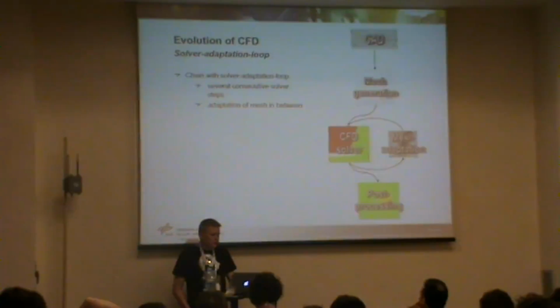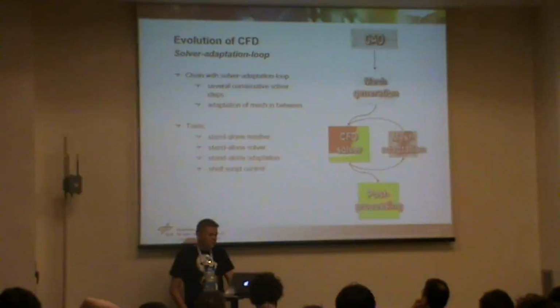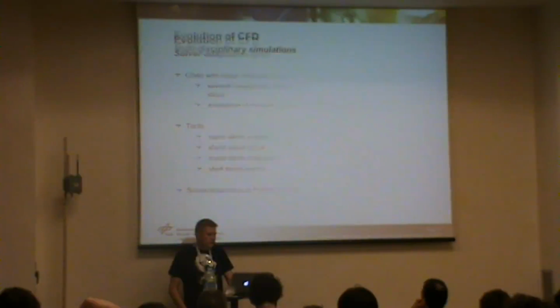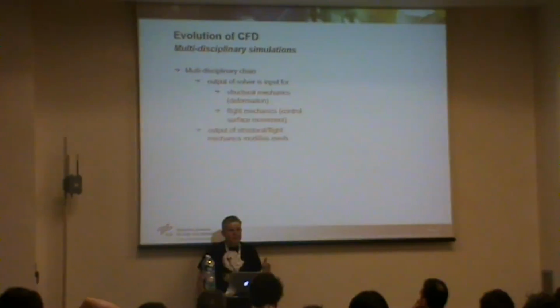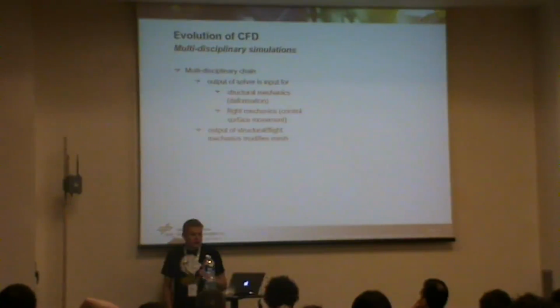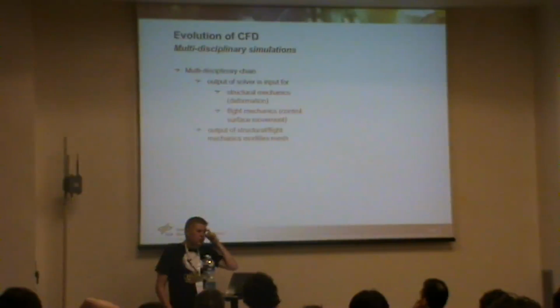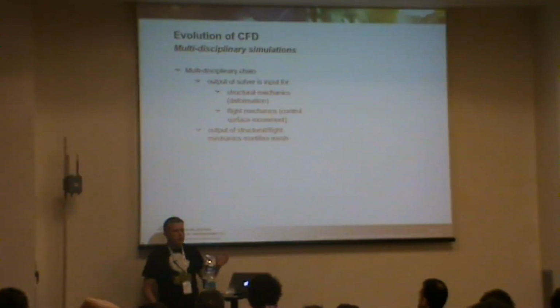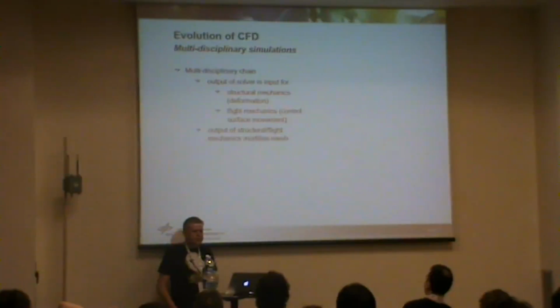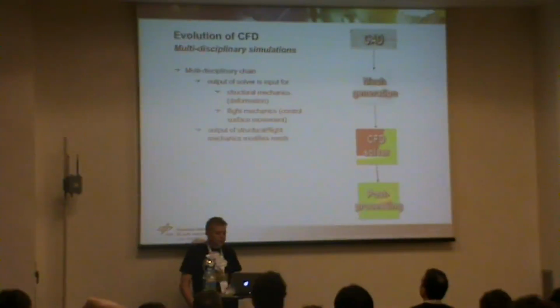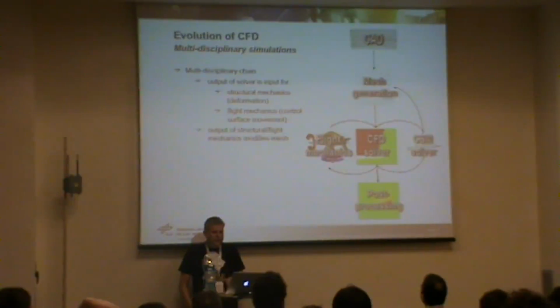It becomes even more complex if you have multidisciplinary simulations, where you not only simulate the flow about an airplane, but also simulate the structural mechanics and flight mechanics of the plane.